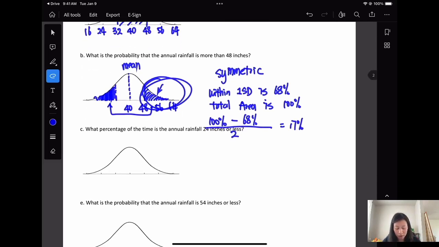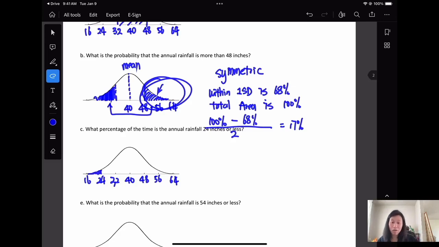Okay, so the next one we do the same thing. 40, 48, 56, 64, 13.2, 24, 16. What percentage of the time is the annual rainfall 24 inches or less? So 24 inches or less is going to be this area.